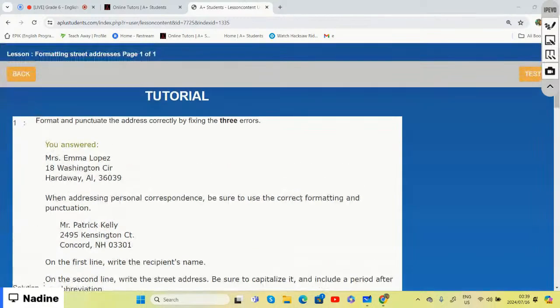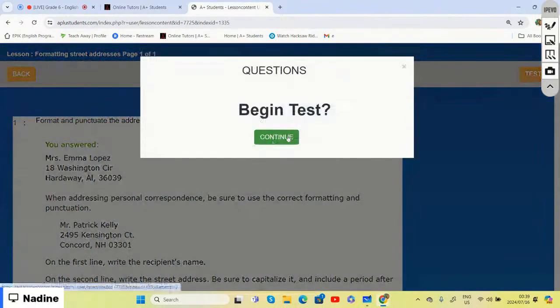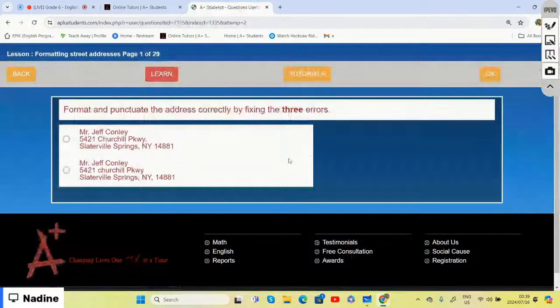All right. So now let's go to our test. We're going to our test where we are going to be formatting our street addresses.